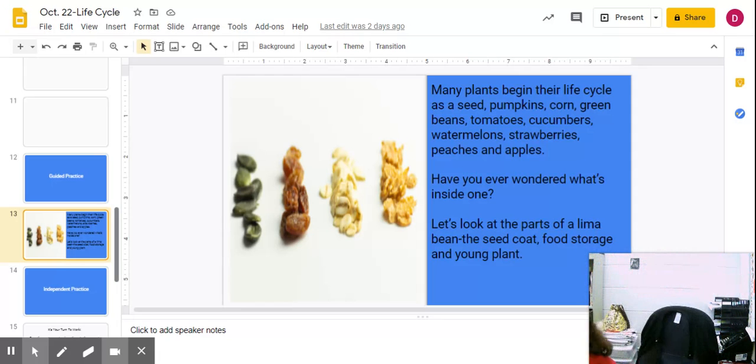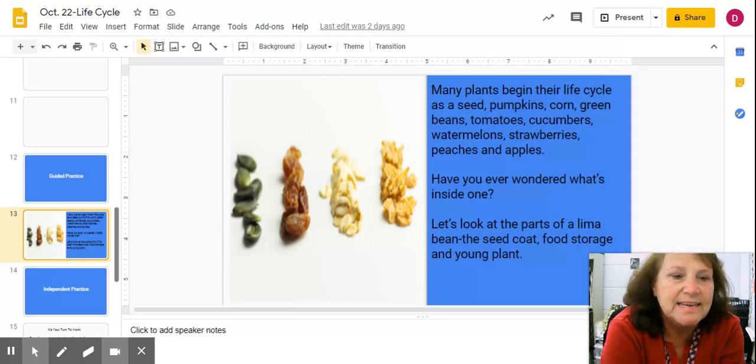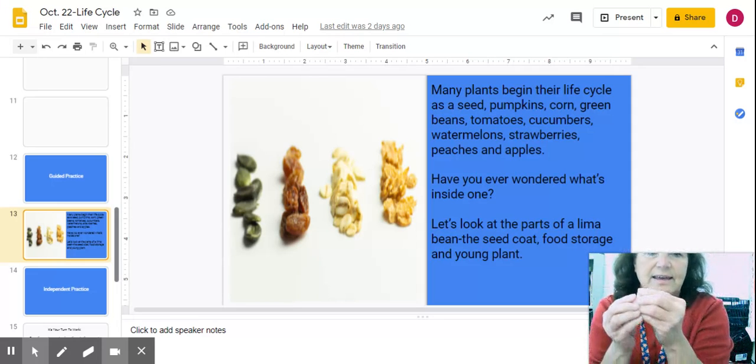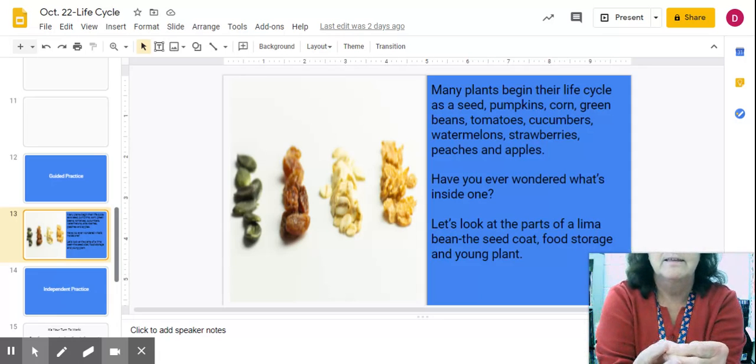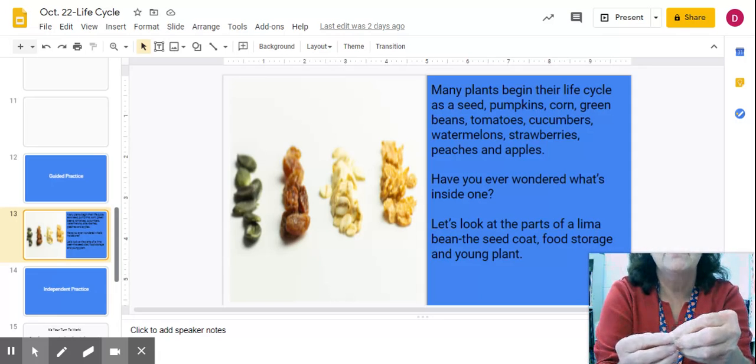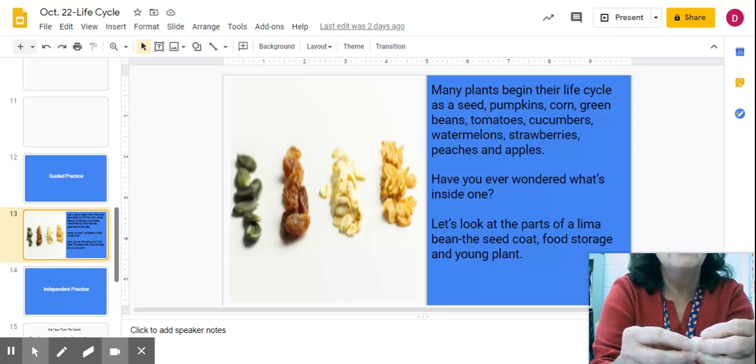You can do this at home if you have lima beans. Just soak them in water. And let's see if we can take this part off. And it's coming off.